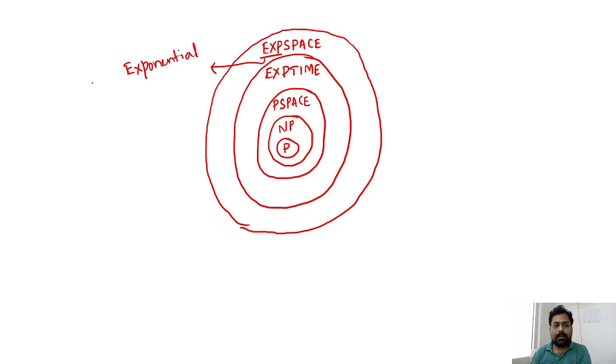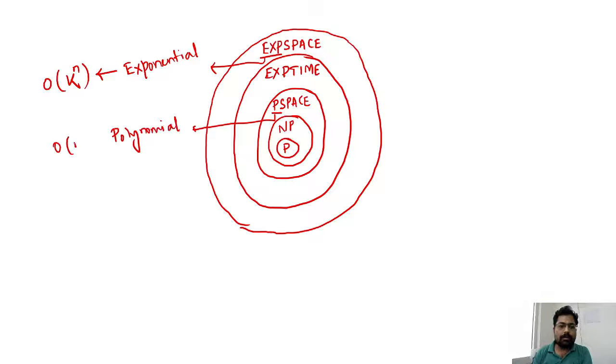We must say that one is k to the power n. This is what exponential is. And PSPACE is polynomial. P stands for polynomial, which is big O of n to the power k, where k is a constant for us. Next, NP stands for non-deterministic polynomial.